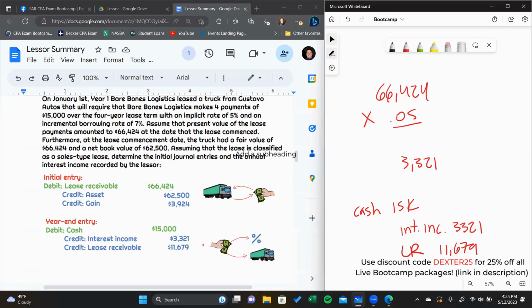So if they don't provide any information to you suggesting that it's different, just assume that the present value is the fair value, right? And that's actually one way to calculate the fair value, by taking the present value of the future payments. So I would say for the exam, always assume those things are equal, and then just take the difference between that and the net book value, and that's your gain.